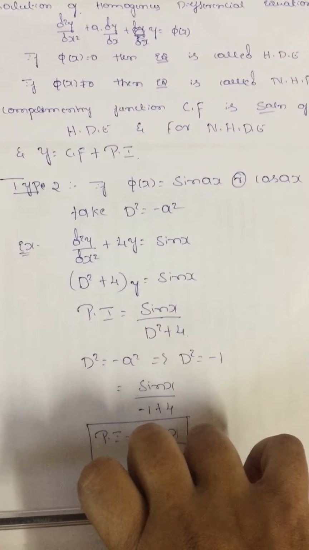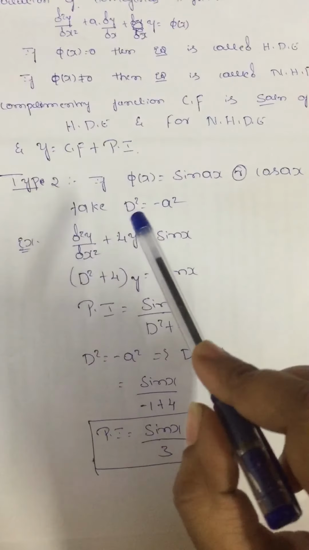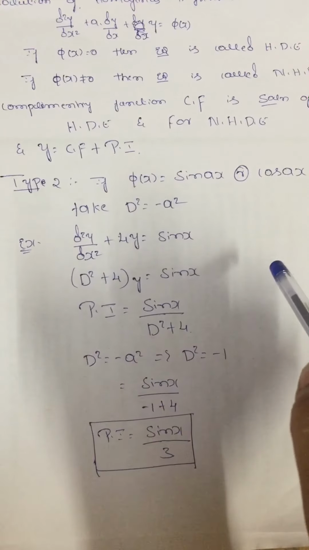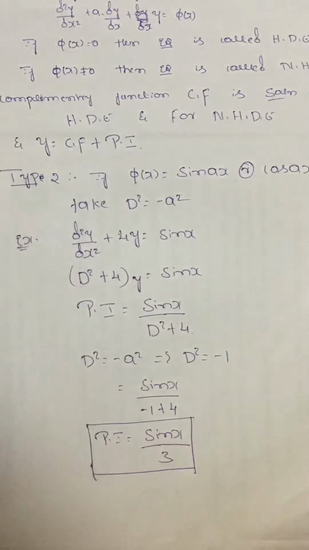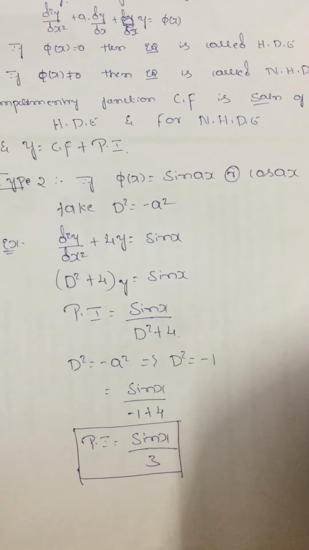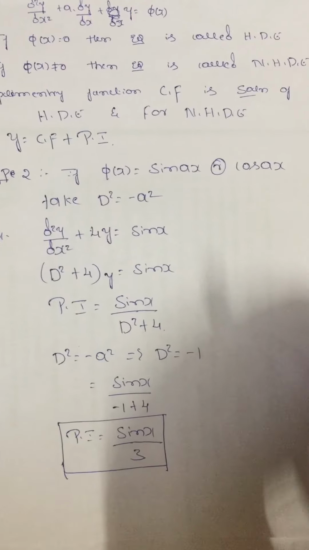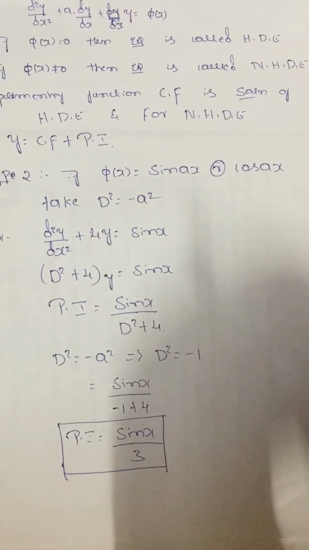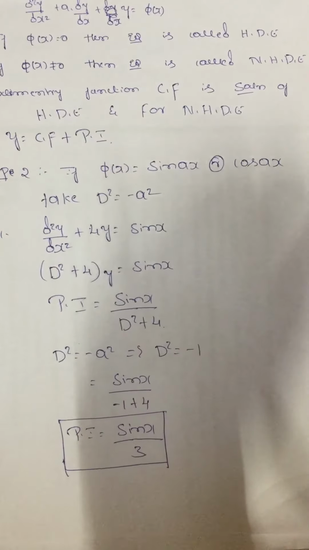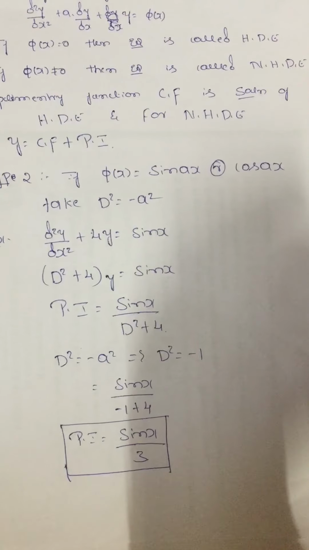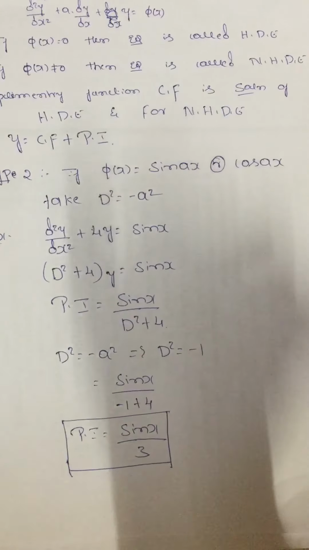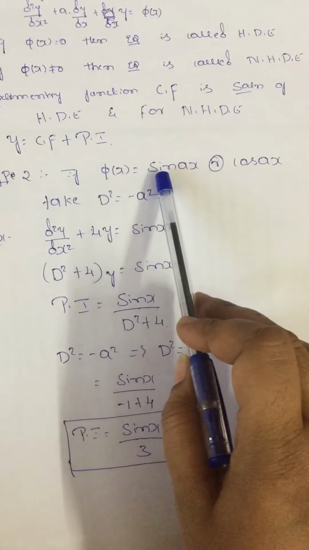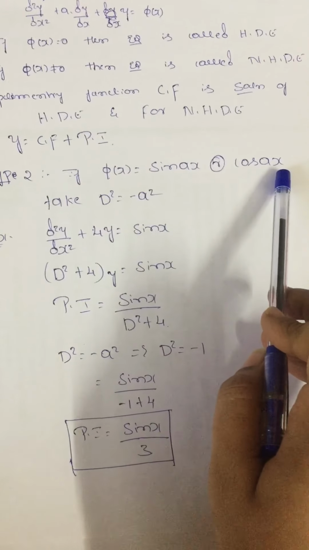So we discussed type 1 in the classroom. Type 1 means phi of x containing an exponential function. Let us now discuss the RHS, that is phi of x, containing a trigonometric function. We know there are six trigonometric functions, but here we use only two, that is sin ax or cos ax.